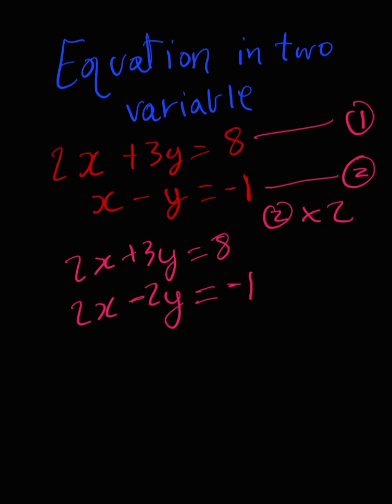Alright, so let's do it. While subtracting, this sign will flip, this sign will become plus. And from here what I will get is 5y. Alright, 5y is equal to 7.